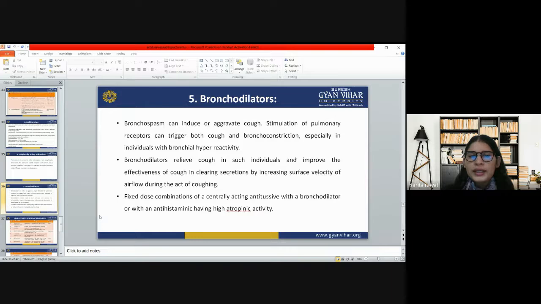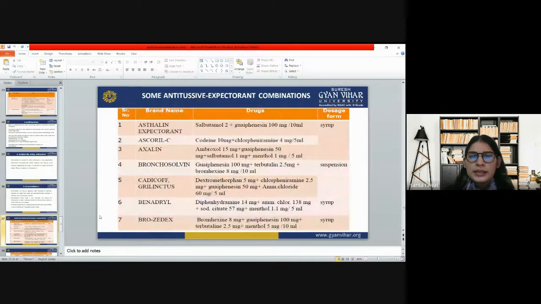So bronchodilators relieve cough in such individuals and improve the effectiveness of cough in clearing secretions by increasing the velocity of airflow during the act of coughing. Fixed dose combinations of a centrally acting antitussive with a bronchodilator or with an antihistamine having high atropinic activity are available. So these are some bronchodilators.